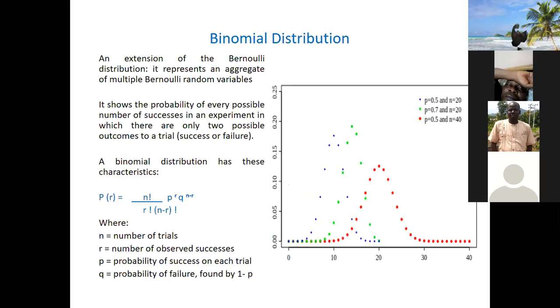And binomial, as we have explained, is the most common in statistics after the normal distribution, which is a form of continuous probability distribution. The normal distribution is the most popular distribution.